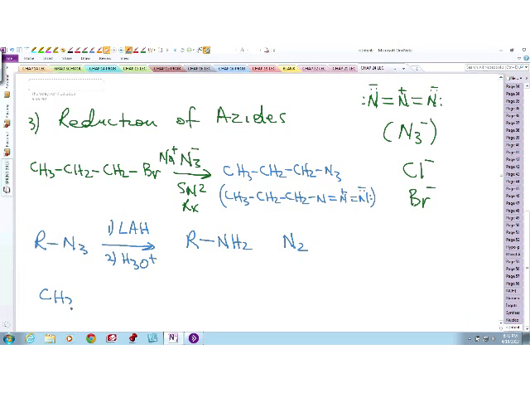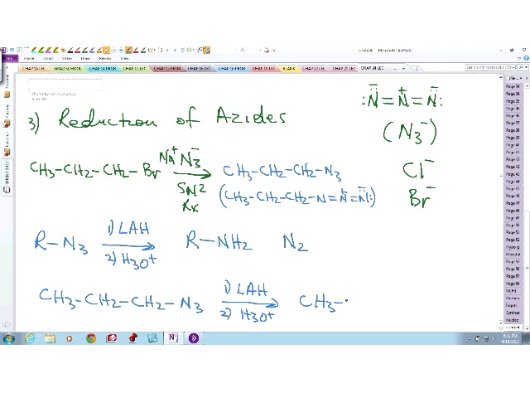An example would be propyl azide reacting with lithium aluminum hydride followed by hydronium ion.